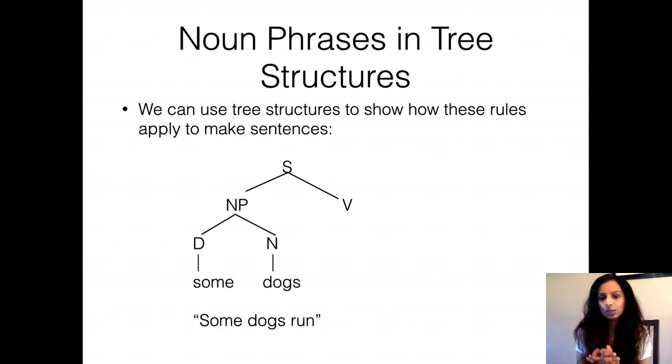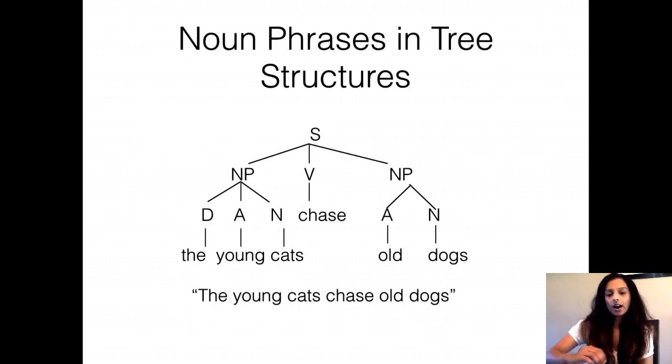And the second kind of knowledge that you need is to identify these constituents, so to know that a determiner can go with a noun and that can create a noun phrase, etc. Those are the 2 kinds of knowledge that you will need to draw tree structures like this. Here are bigger tree structures. So this is the young cats chase old dogs. S goes to NP, V, and NP, a transitive sentence of English.